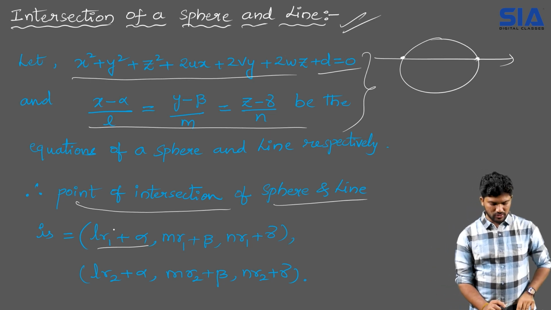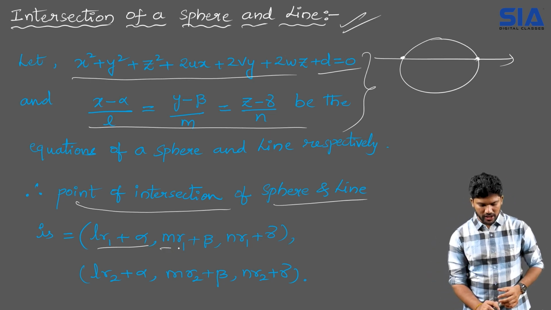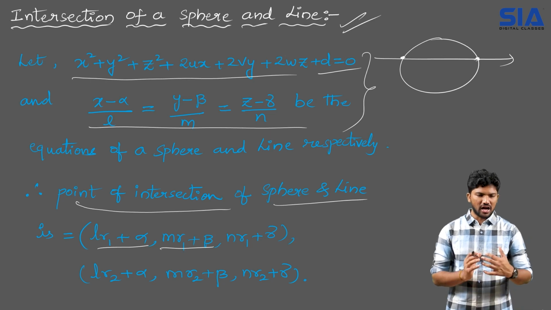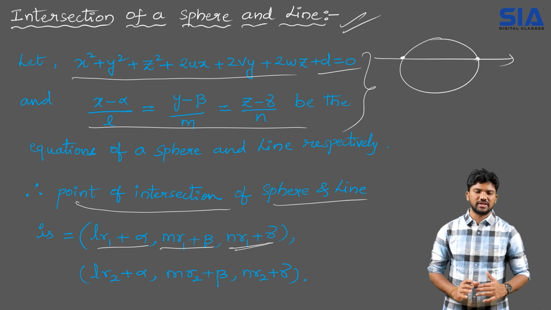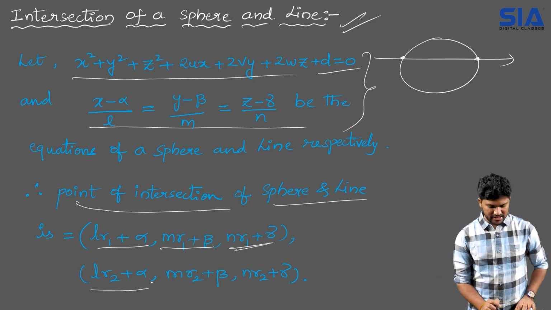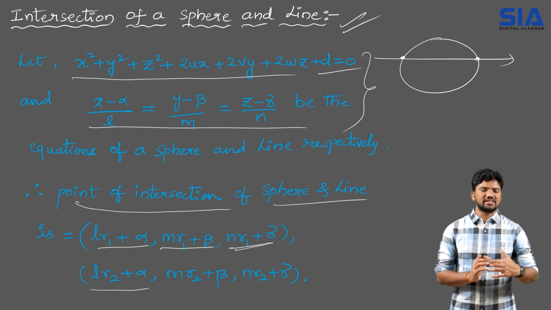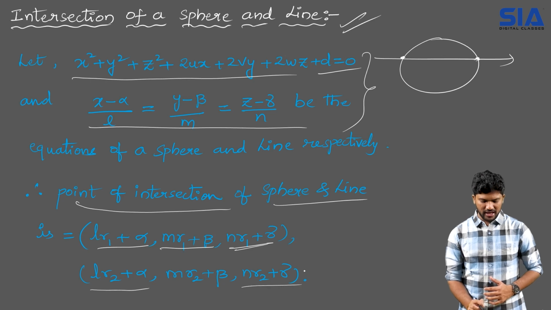The first coordinate l r1 plus alpha, second coordinate m r1 plus beta, third coordinate n r1 plus gamma. That is the first intersection point. And the second intersection point is l r2 plus alpha, m r2 plus beta, n r2 plus gamma.